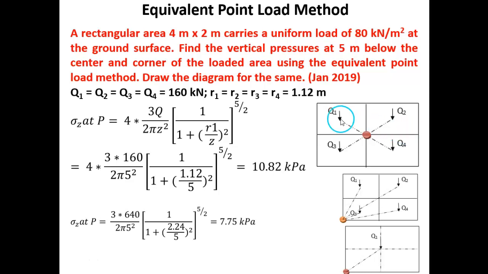Then we have to find the equivalent point load acting at the center of each rectangle. Since the UDL is same and the dimensions are also same, you will be getting the same equivalent point load. So Q1 equal to Q2 equal to Q3 equal to Q4, which is equal to 80 into, what is the area of this rectangle?